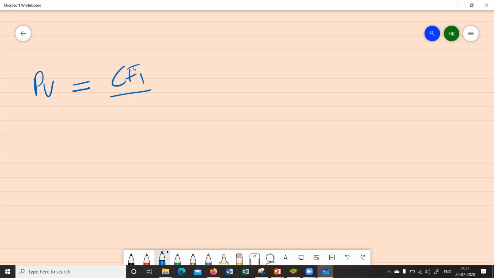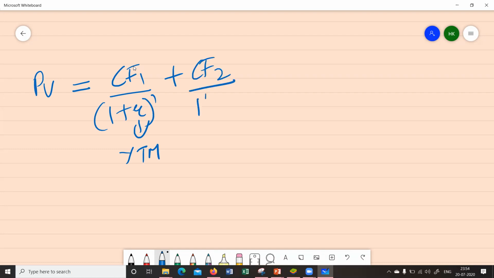So cash flow that's received at the end of year one, then it's discounted at some rate. That rate that we are talking about is nothing but the YTM. And then we keep on adding all the cash flows that we are supposed to receive in the next few years. And let's suppose it's a 15-year bond, as in our case.